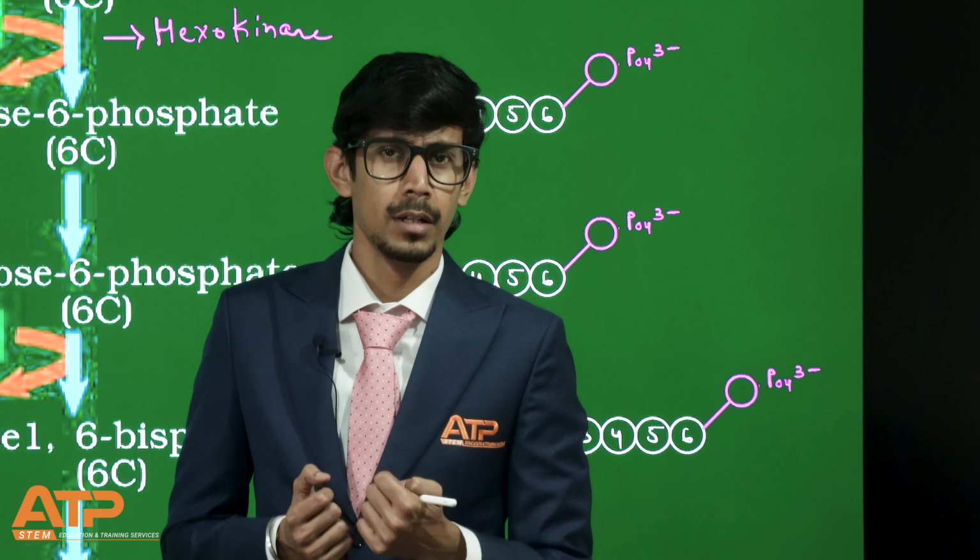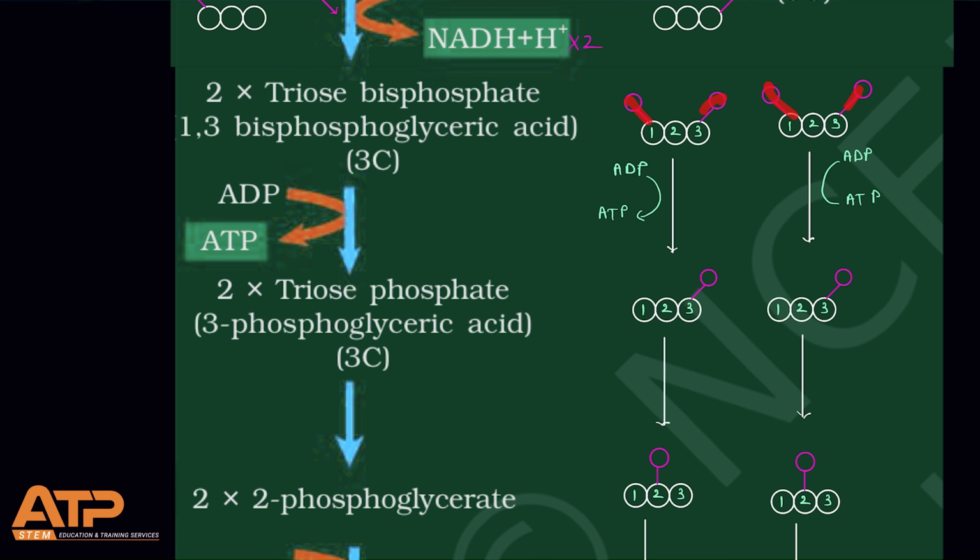Because after this step where we have bisphosphoglyceric acid, the phosphate from the first carbon of both bisphosphoglyceric acids is given to ADP.